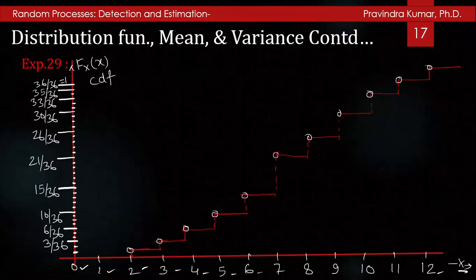So you can see that at x is equal to 0 it is 0, at 1 it is 0, and when x is equal to 2, the CDF was 1 by 36, and for x is equal to 3, it is 3 by 36, then 6 by 36, 10 by 36, then 15 by 36, 21 by 36, 26 by 36, 30 by 36, 33 by 36, 35 by 36, and 36 by 36. So this is the value of the CDF, and this is the sketch of the CDF, and this is the staircase CDF.